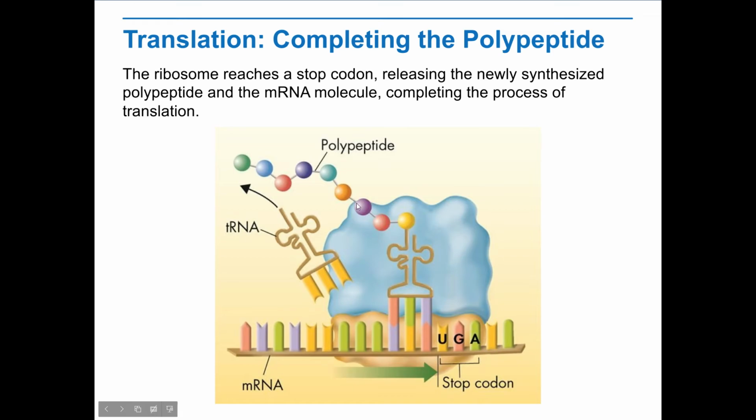And that polypeptide chain, as it ends, would reach what we call a stop codon. And what's interesting, you guys, is stop codons actually don't code for any amino acid. It would just bring in a thing that would end it. So it would not bring a new amino acid. And when it does that, that means it's done and it releases the polypeptide chain.